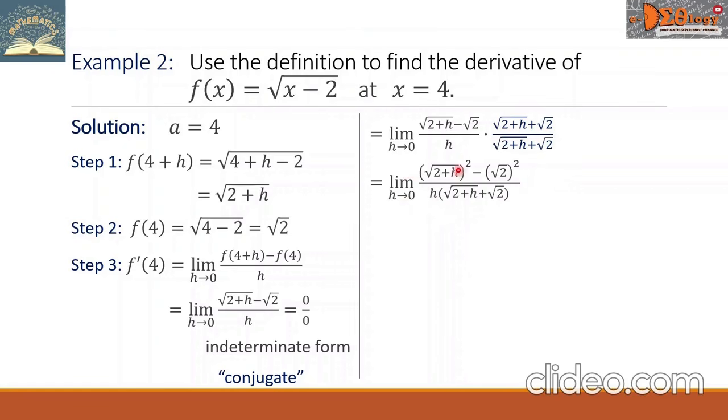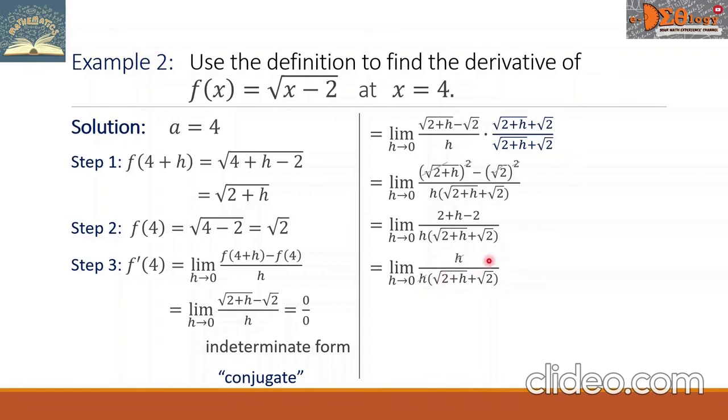In the numerator, we can cancel the radical and the corresponding power. So we have like this, and we rewrite the numerator as 2 plus h minus 2. We can see that we can combine these 2 and minus 2. That would be 0. So in the numerator, what remains is h alone. This h and the h in the denominator, we can cancel out.